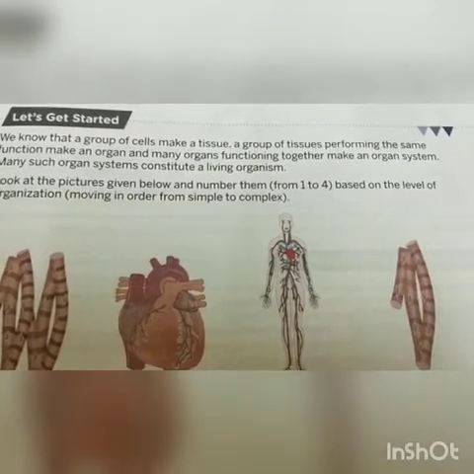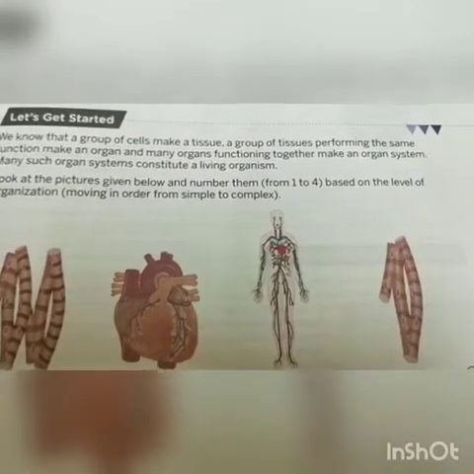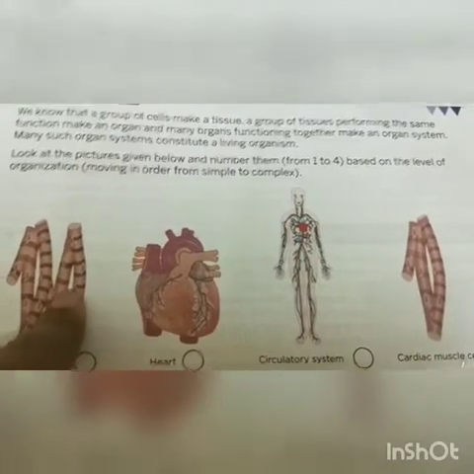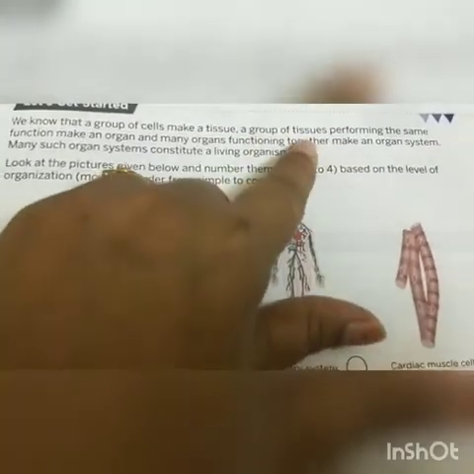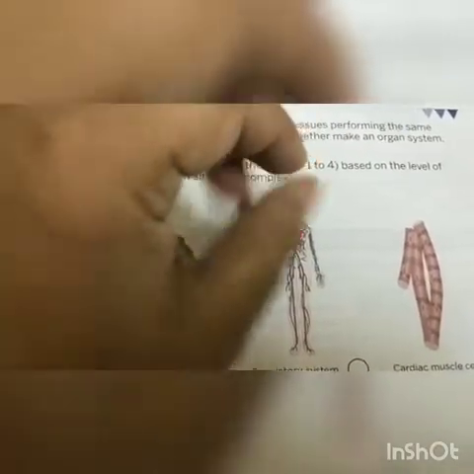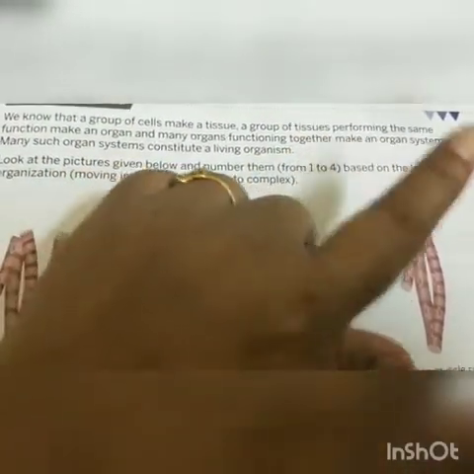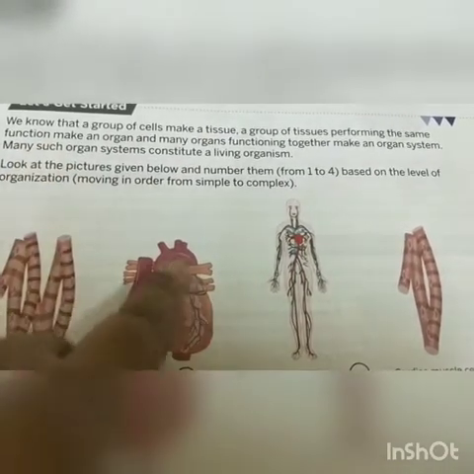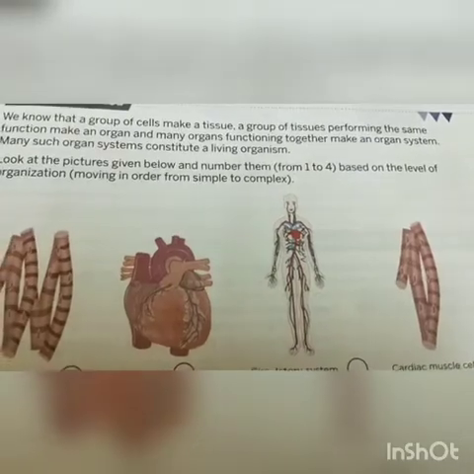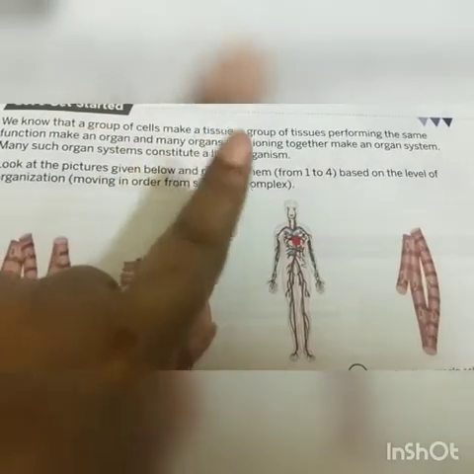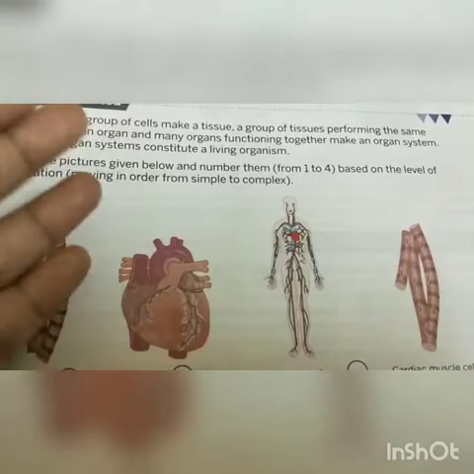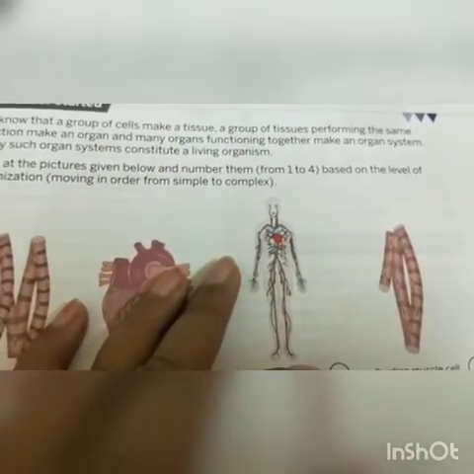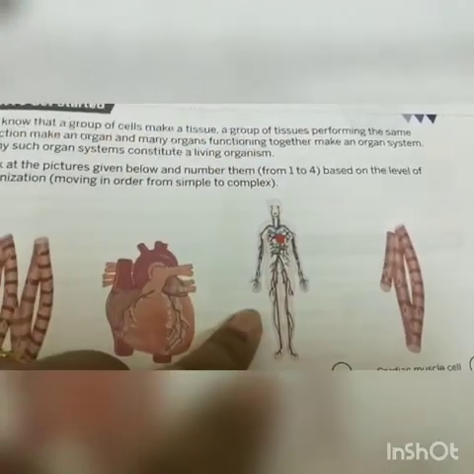A group of tissues combine together, perform the same function and make an organ. Many organs combine together and make an organ system.